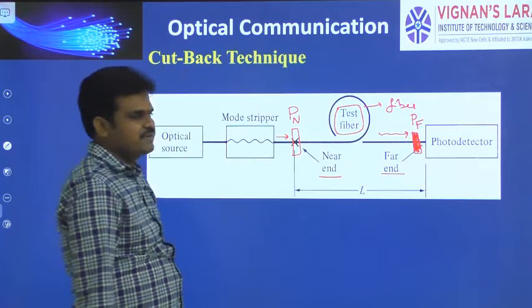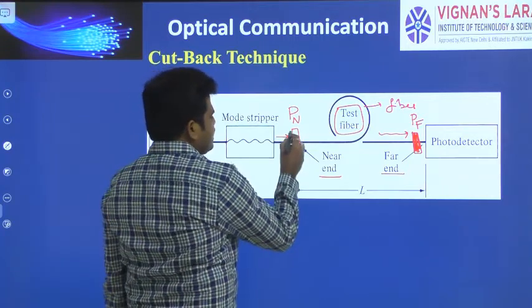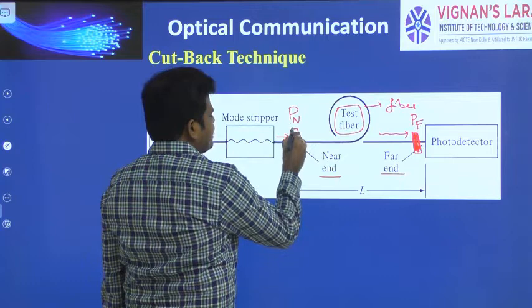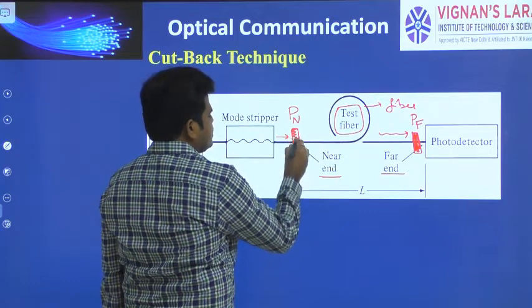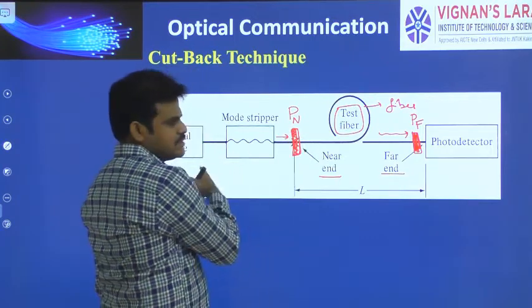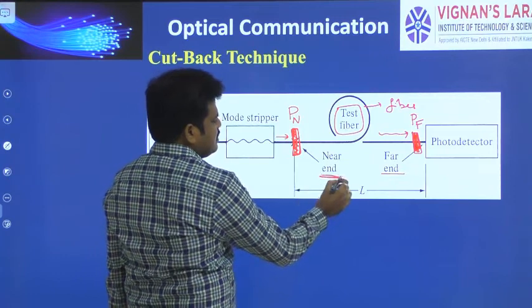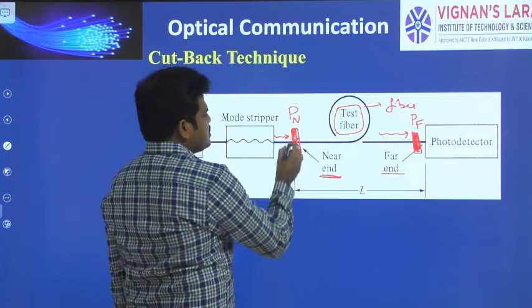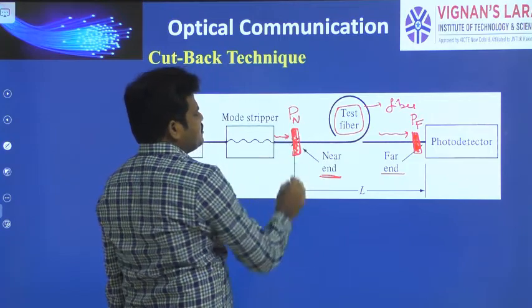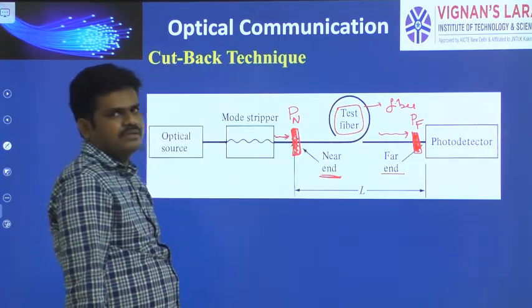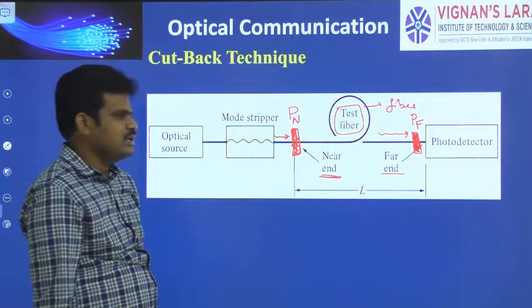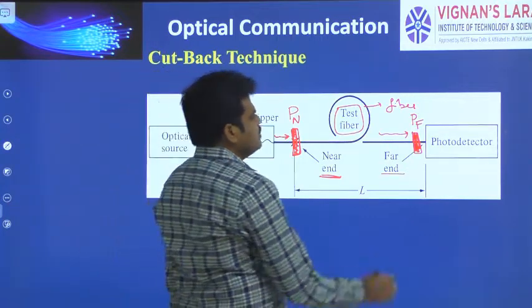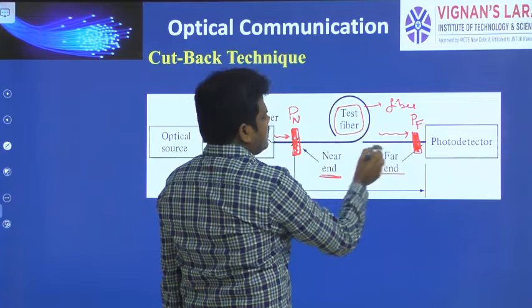In the second step, we cut the optical fiber near the optical source, which we call the near end, and find the optical power coming from the optical source and name it PN. So in two steps we have calculated the power at the far end and the power at the near end.